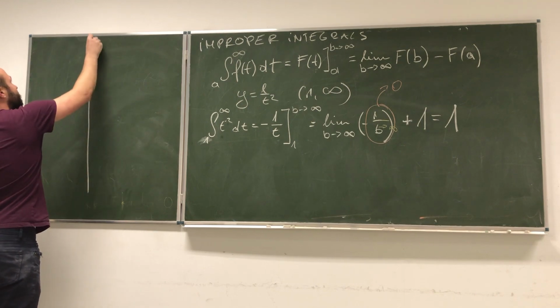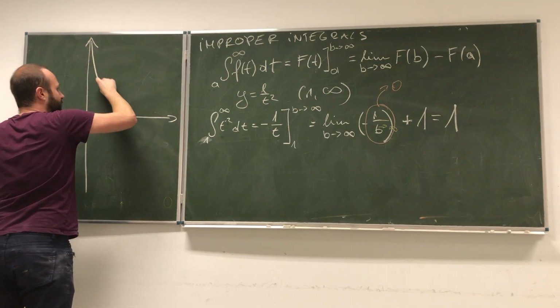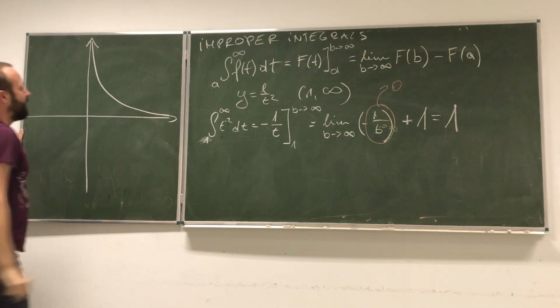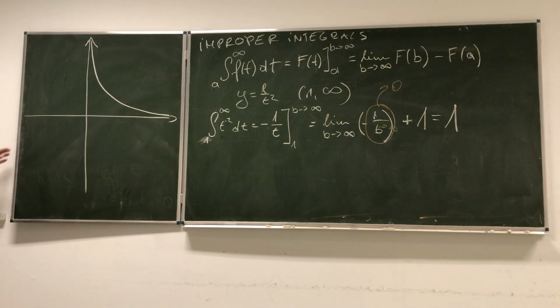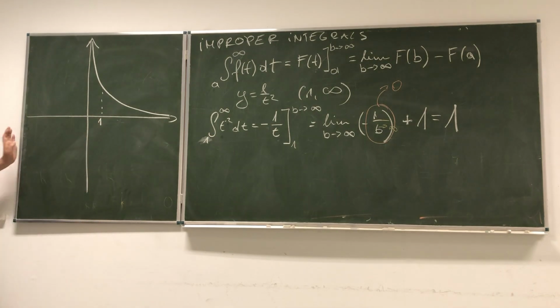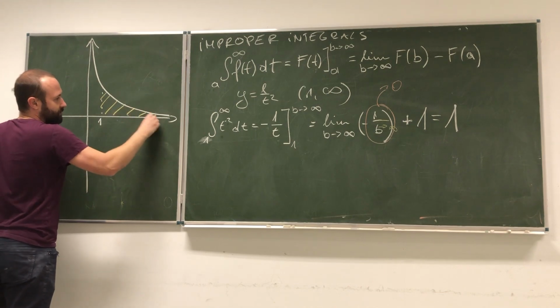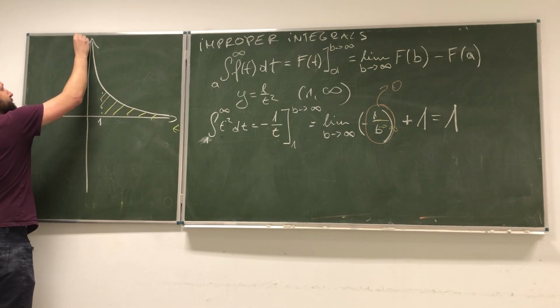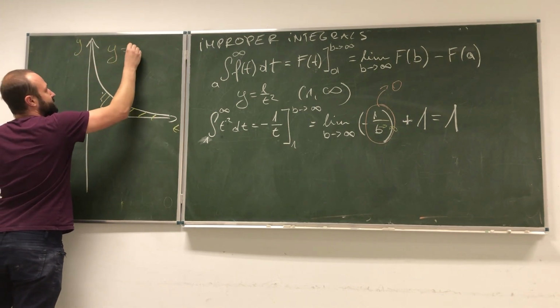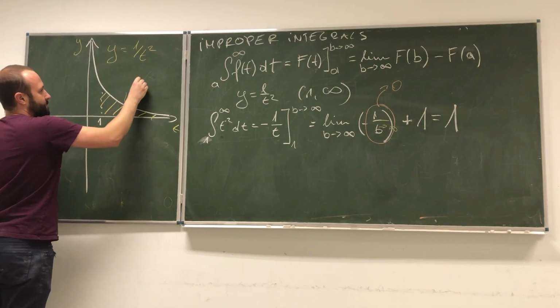We will just use one part of the graph, the one that we need. And of course, we were looking at what is happening from 1 to infinity. And we've calculated that this entire area below this function is equal to 1.